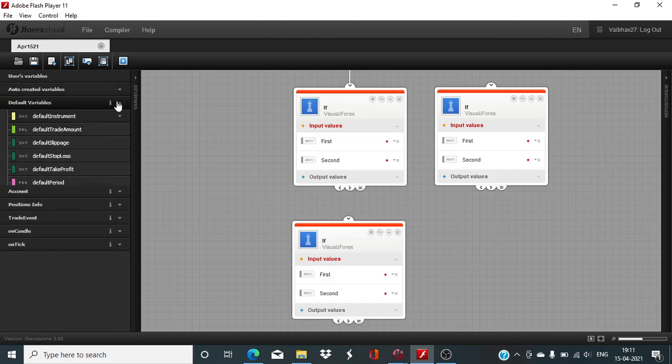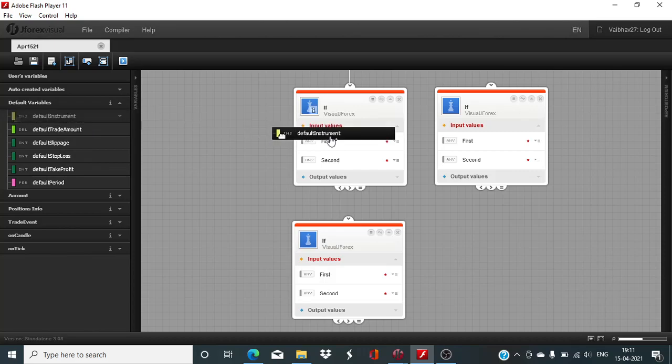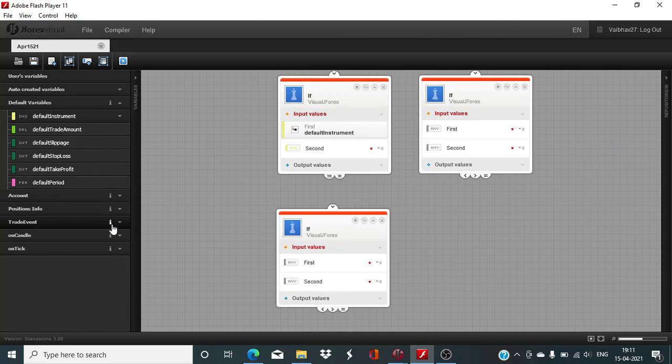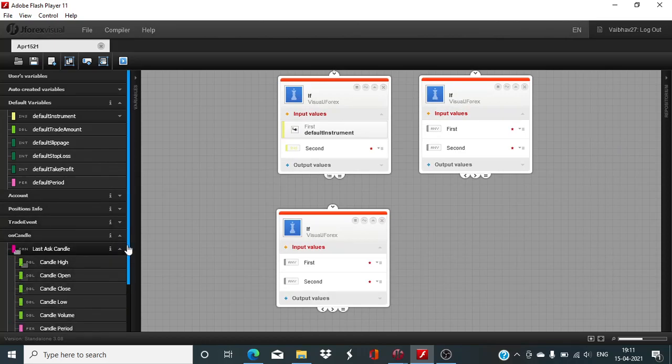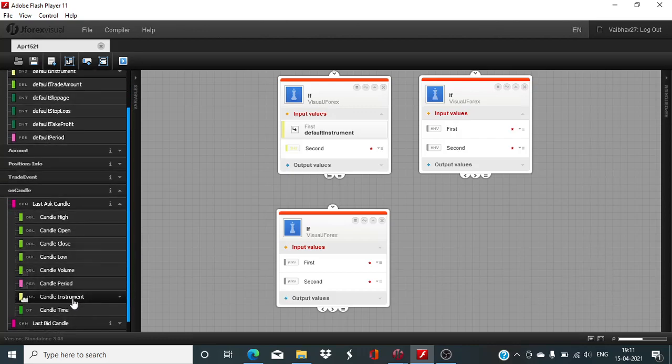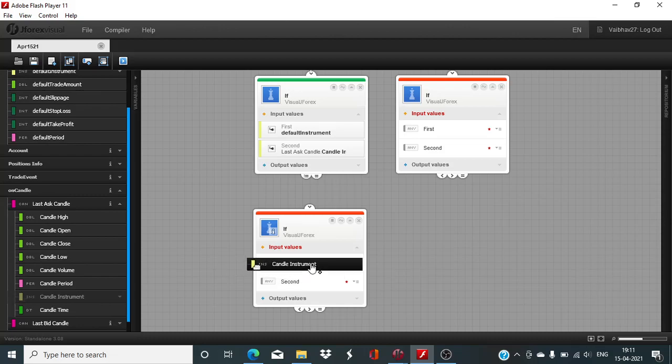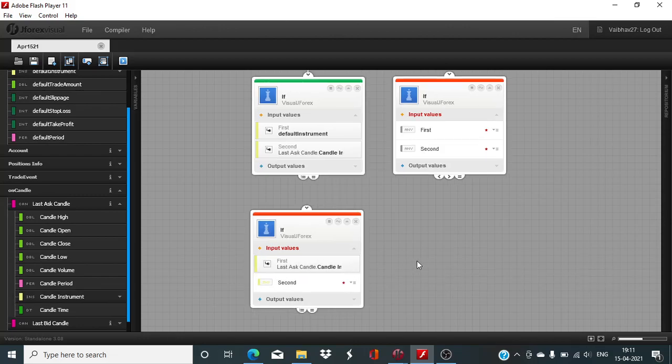Default variable, we will have to take the default instrument and match it with the candle instrument. Okay, and then they should match the candle instrument.